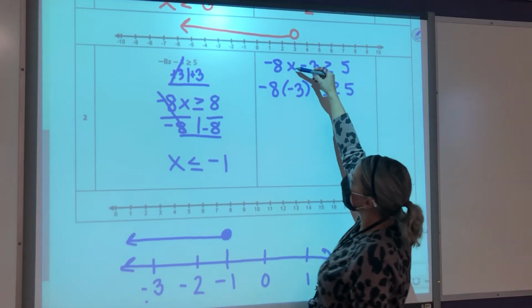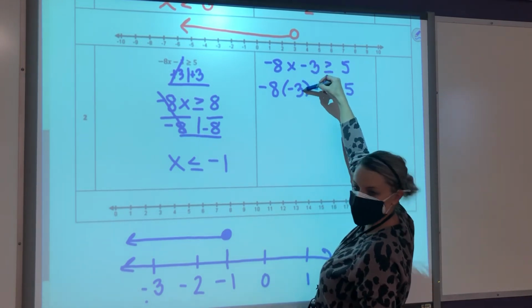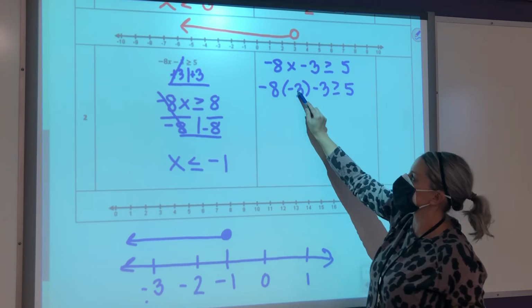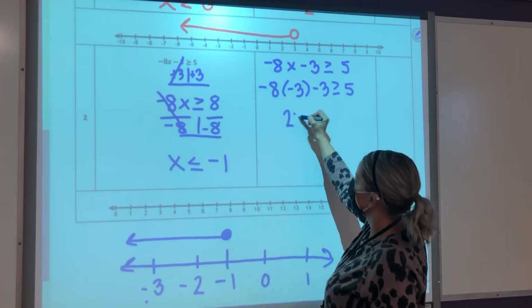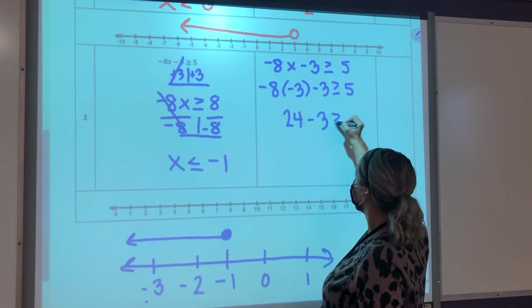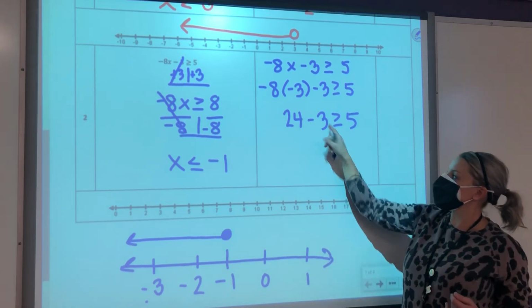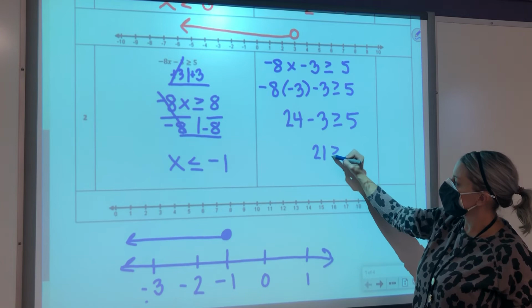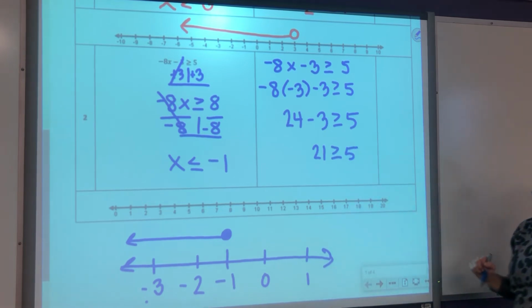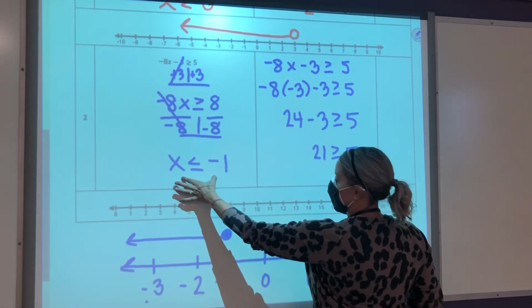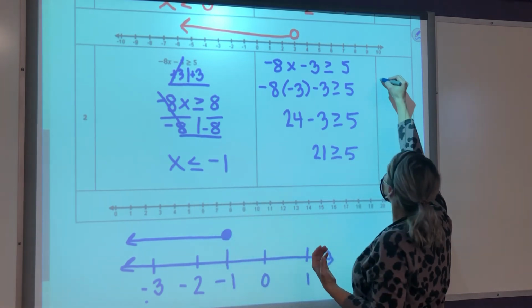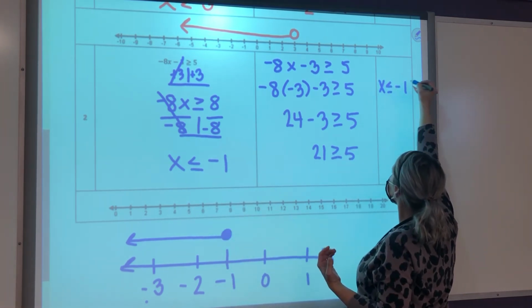So what I mean is I plugged in -3 for x. -8 times -3 is 24. And then 24 minus 3 is 21. Okay, so is 21 greater than or equal to 5? Yes, absolutely it is. So that means I've done a good job. X is less than or equal to -1 goes in my solution box.